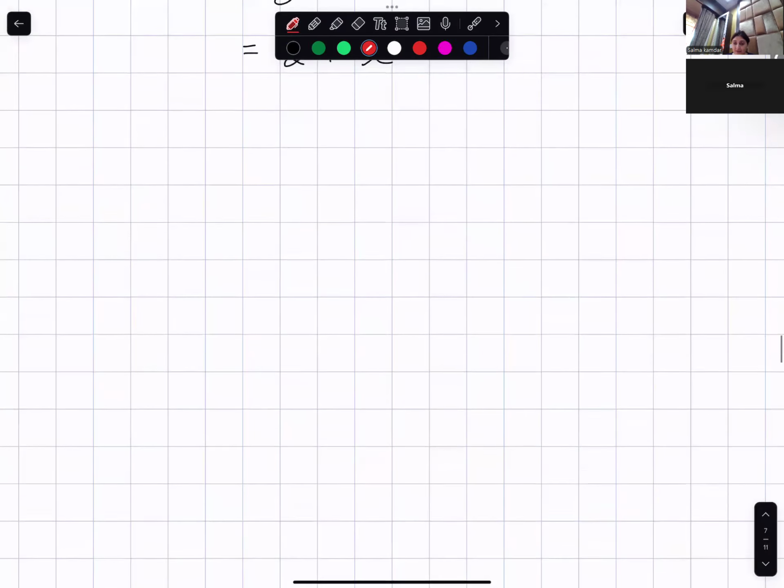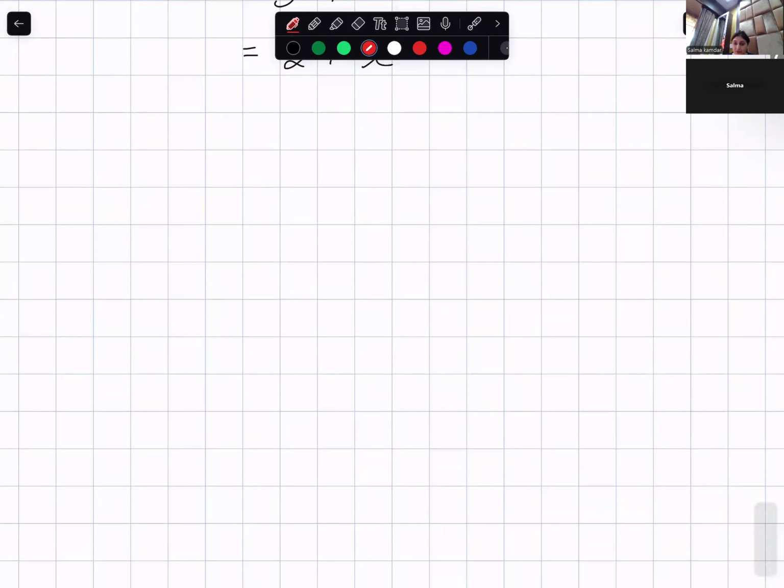We'll give you another example. You can try it yourself. Let me give you another example. 9 raised to 4. Change the base to 3.